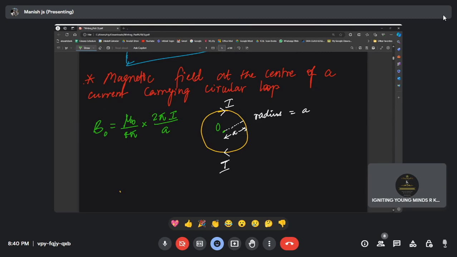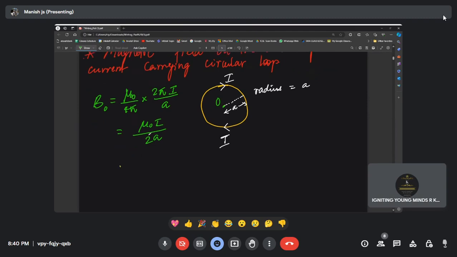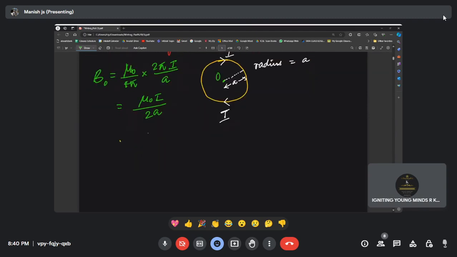Further, you can simplify this and you can write it as mu naught I upon 2A. Okay, so you can write this as mu naught I upon 2A also. Pi also is getting cancelled, right? So you can express it like this. Okay, simple.